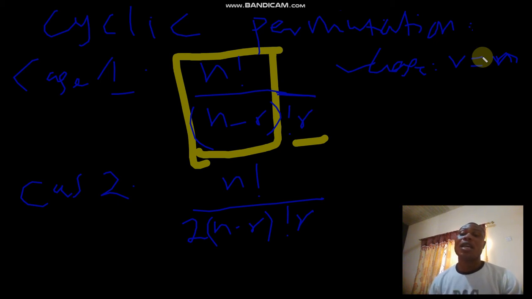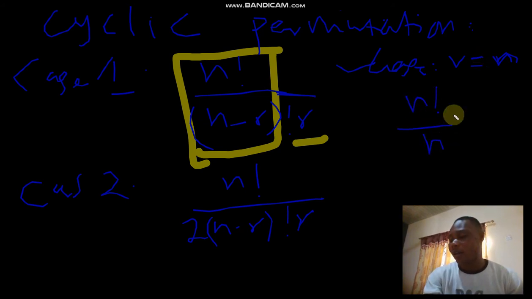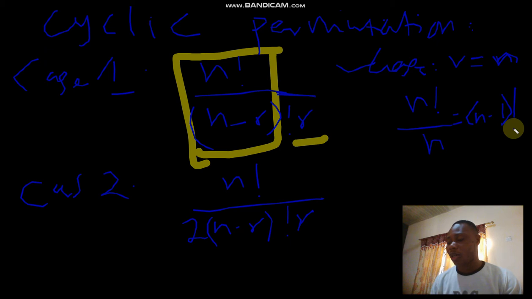So I'm selecting 5 objects from 5 different objects where r is equal to n, but they are in a circle form. How do I find the number of ways? That is just n factorial over n, which is the same thing as (n minus 1) factorial. Simple like that. That's case 3.